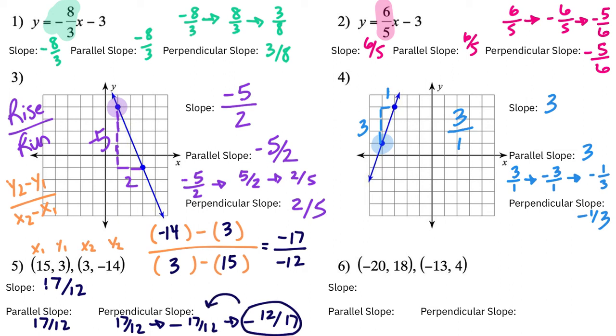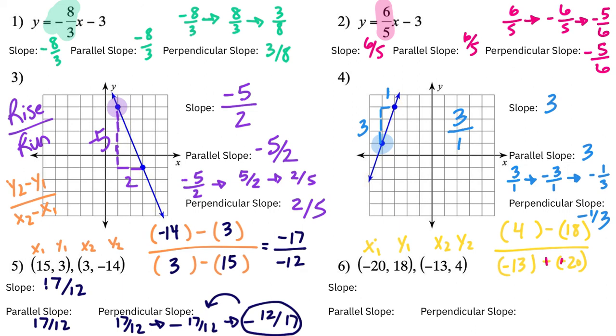Same thing with the last problem. I'm going to start off by plugging in my numbers, x1, y1, x2, y2. So that's going to be 4 minus 18 and negative 13 minus negative 20. Remember, whenever we have a negative negative, they both become positive.